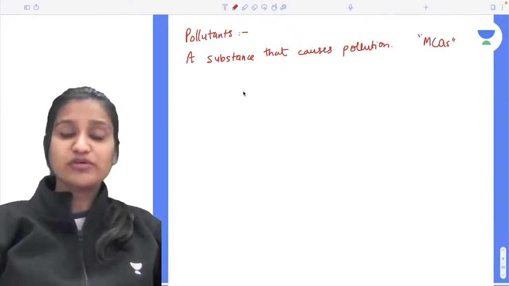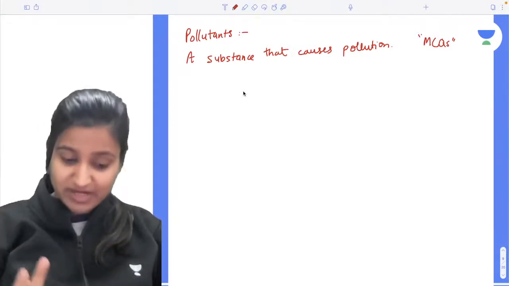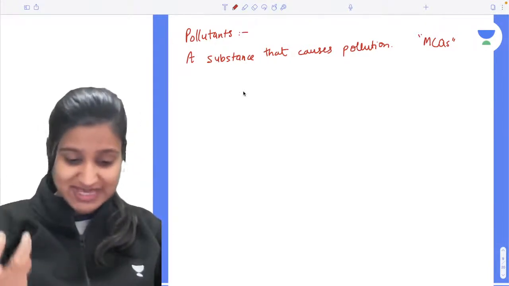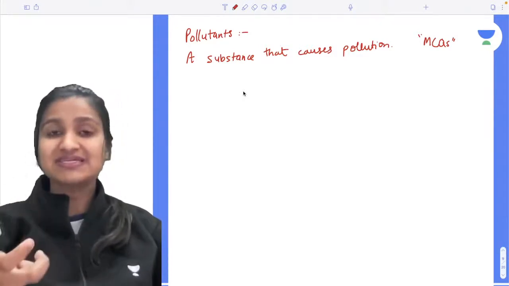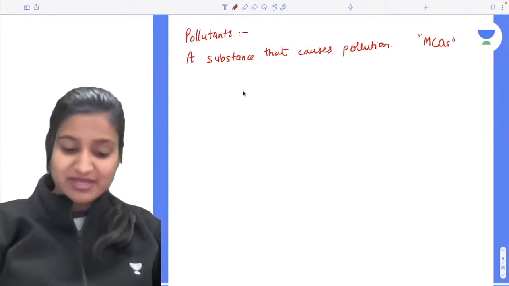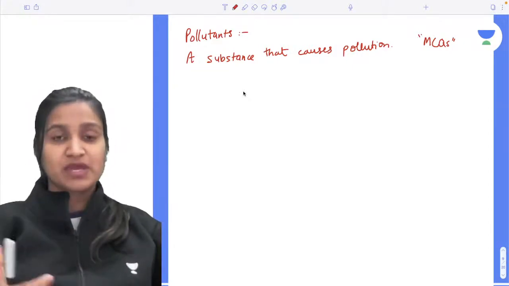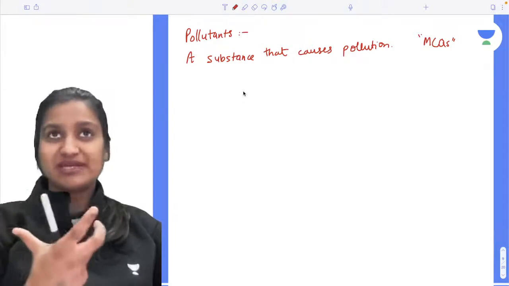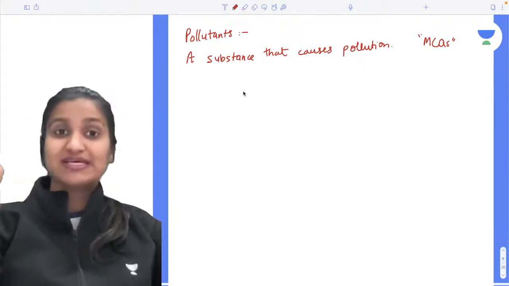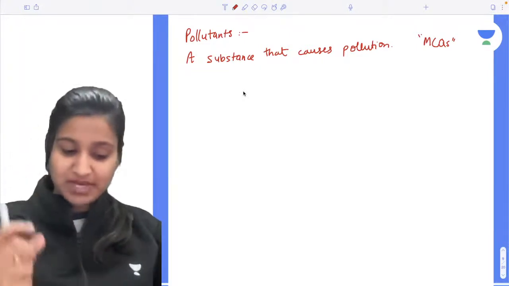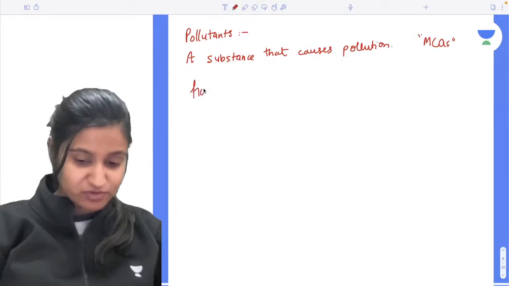Now these pollutants can be solid, liquid or gaseous, present in a greater concentration than required. There is a concentration which does not affect you, but when the pollutant increases in its concentration, that's the moment it becomes harmful for us, right?